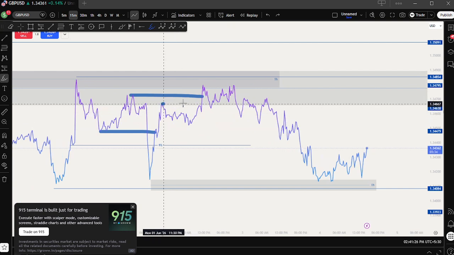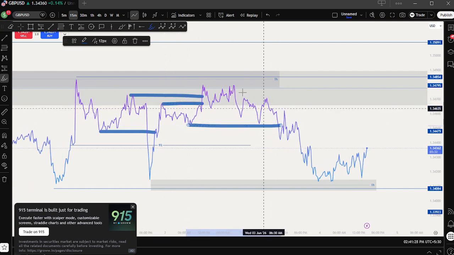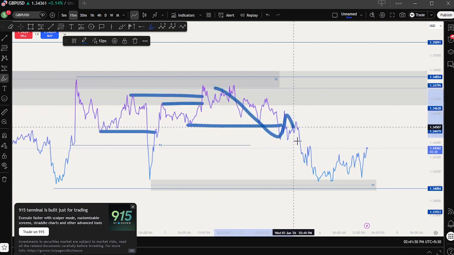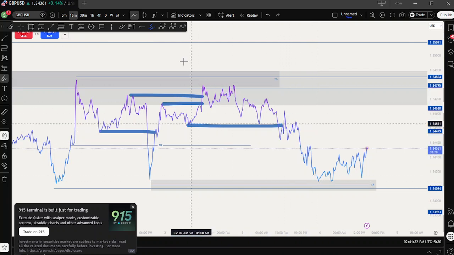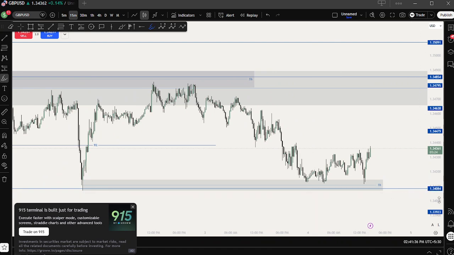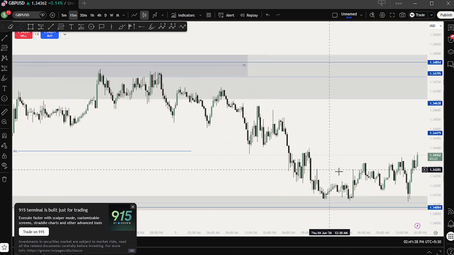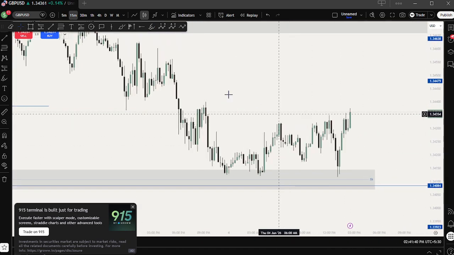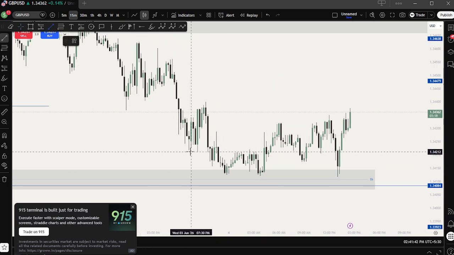So we look into the internal structure, we had this, then we had a pullback, violation, pullback, violation. So our last break of structure, that was at this moment.